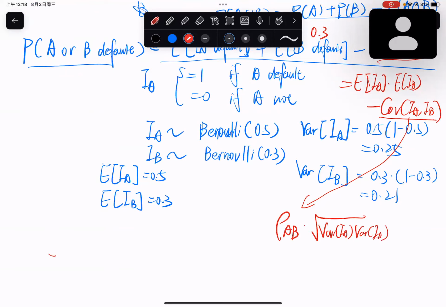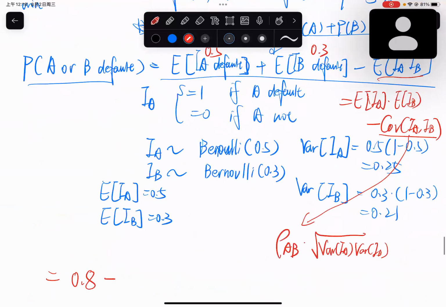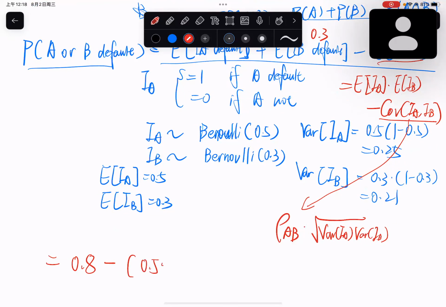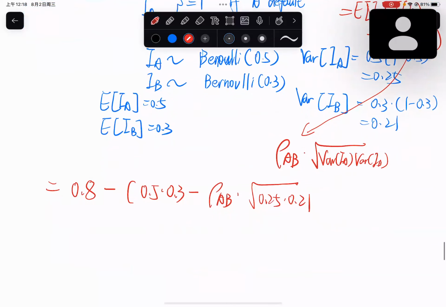And let's put them all together. This is going to be 0.8 minus 0.5 multiplied by 0.3 minus rho AB, multiplied by the square root of 0.25 and 0.21. And this is going to be 0.65 minus square root 0.21 over 2 multiplied by rho AB, right?